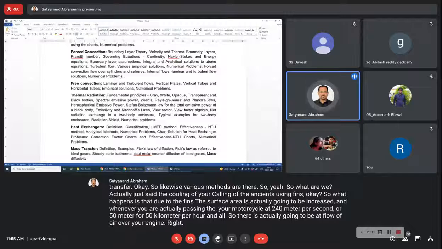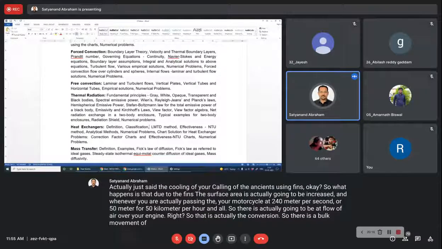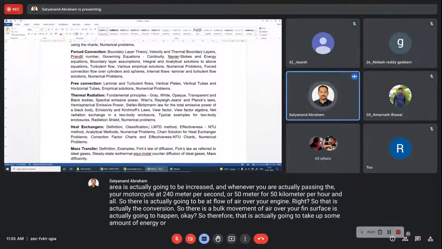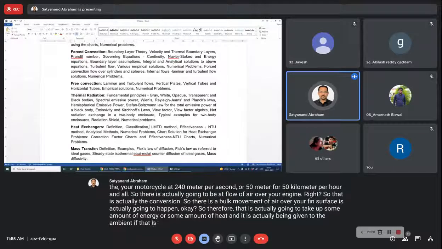That is convection. There is a bulk movement of air over your fin surface, which takes up some heat and gives it to the ambient. That is forced convection.